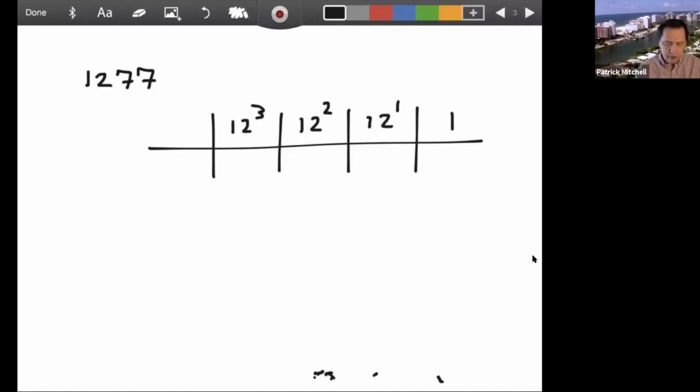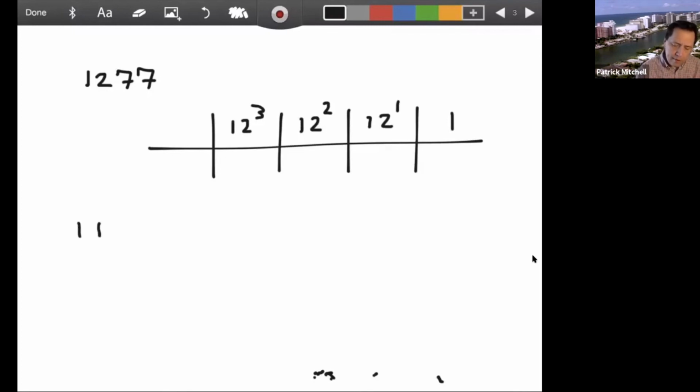I'm 99% sure it is. Let me just double check. Yes, 12 to the third is 1,728. So we're not going to need any of those. The first place value we're going to need is 12 to the second, which is 144.